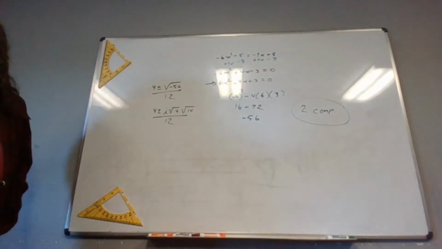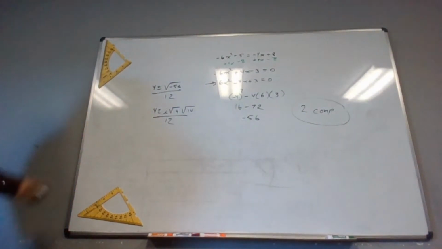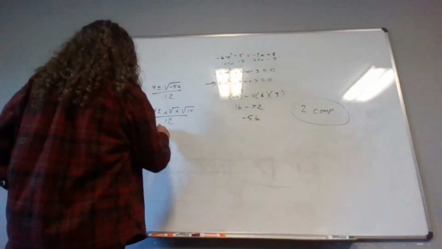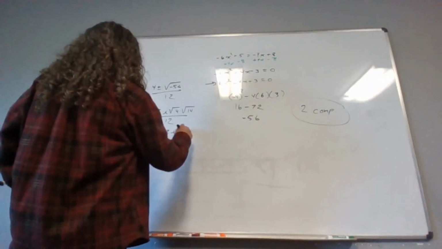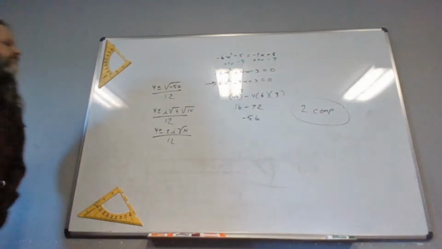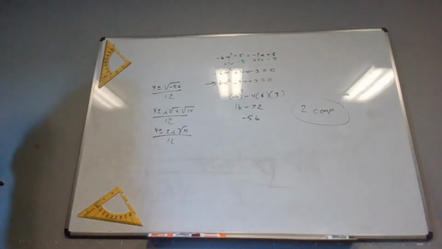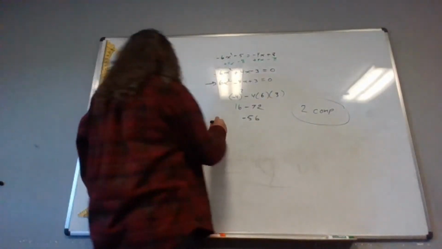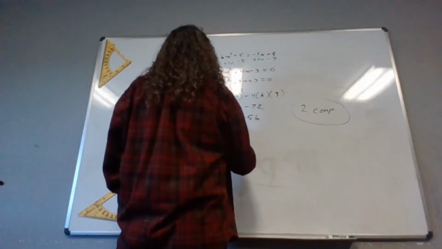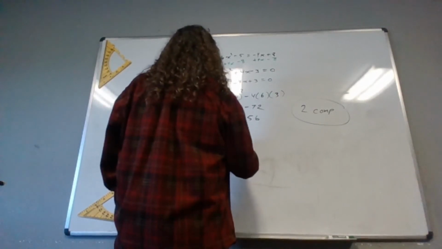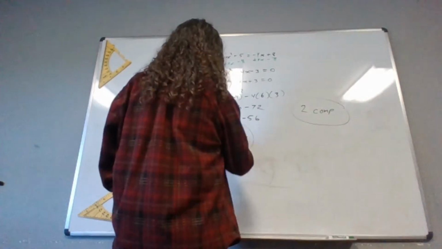Proved. QED. Now what? Anyway, 4 plus or minus 2i times the square root of 14 over 12. Now what? Divide by 2. Divide everything by 2. True enough. 2 plus or minus i times the square root of 14 over 6.